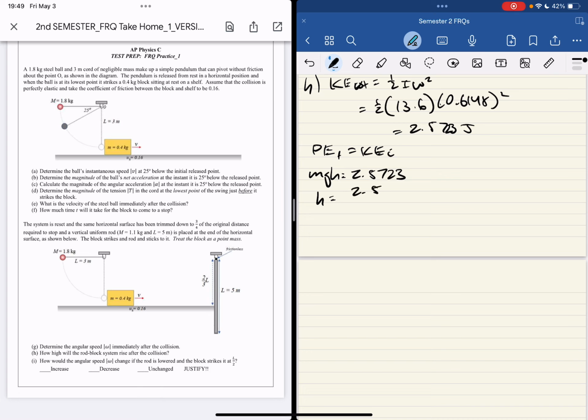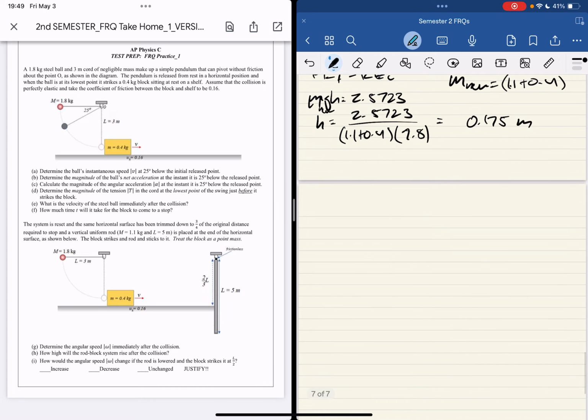It's going to be 2.5723 over, and this m is actually going to be m new, because it's the new system as a whole, so 1.1 plus 0.4, and then the g is 9.8. That all simplifies down to 0.175 meters.